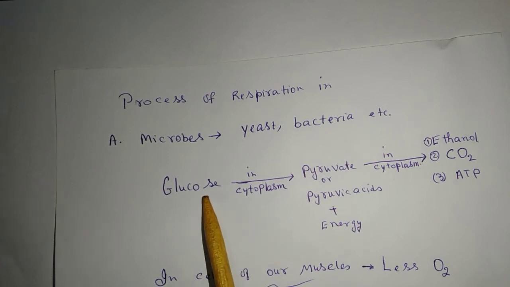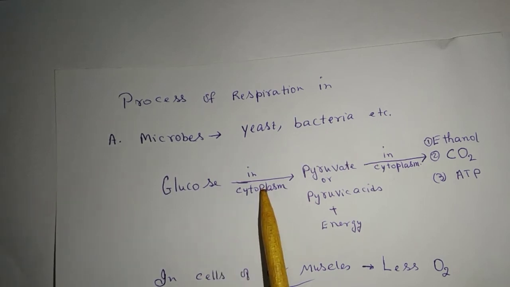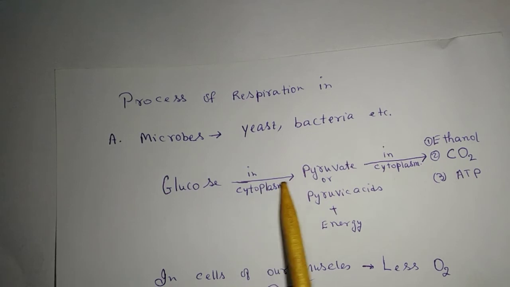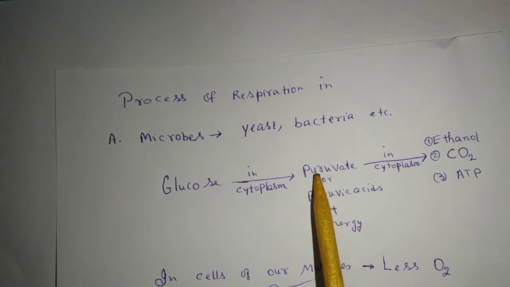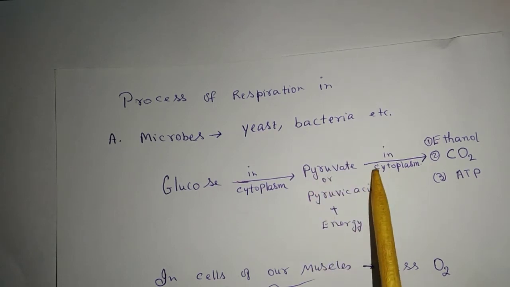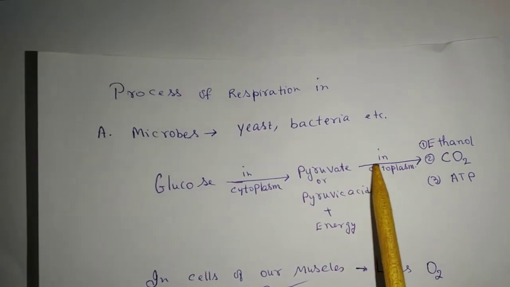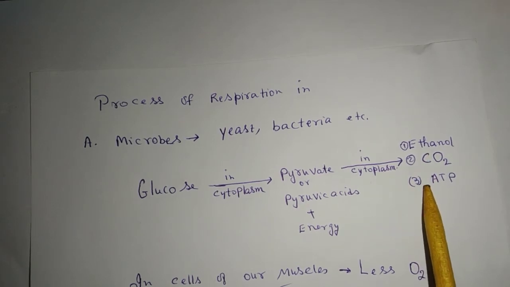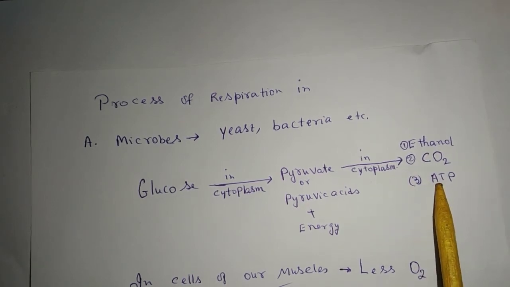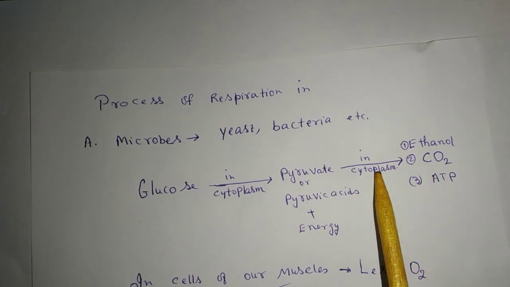The glucose molecules inside the cytoplasm will be converted into pyruvate, or pyruvic acid, and it produces energy. This pyruvate again will be broken down to produce ethanol, carbon dioxide, and energy or ATP. That too takes place inside the cytoplasm.